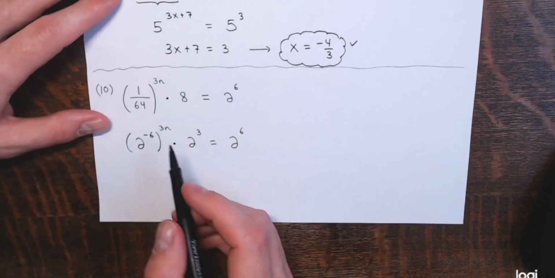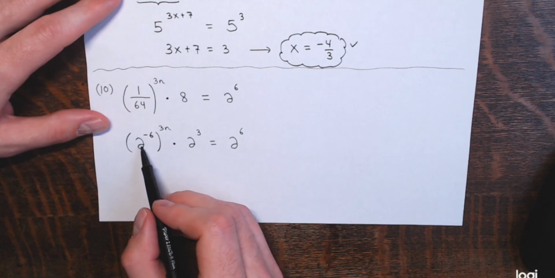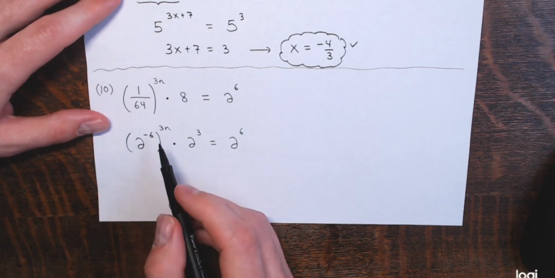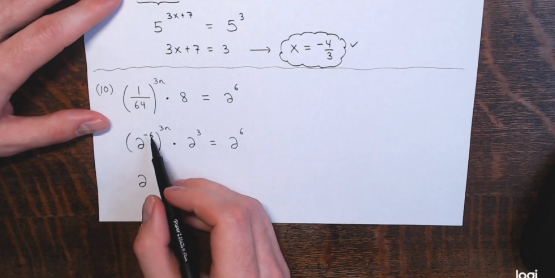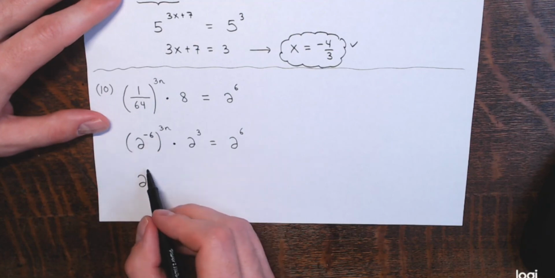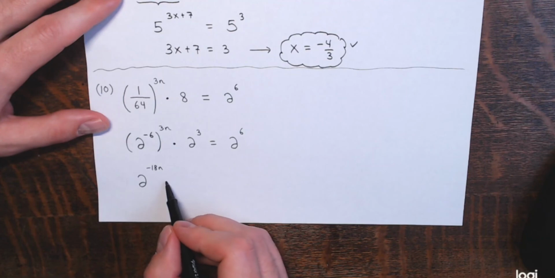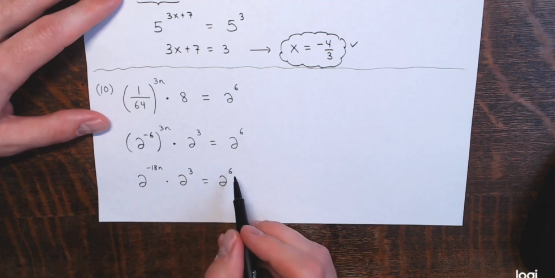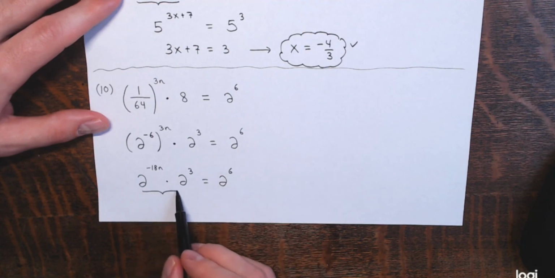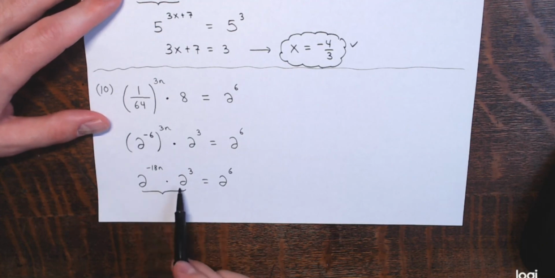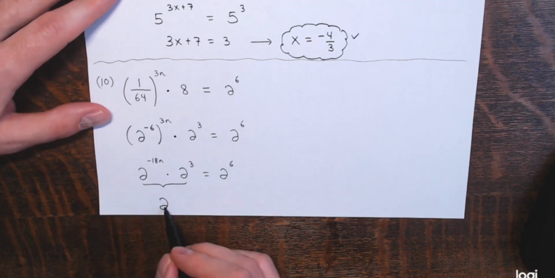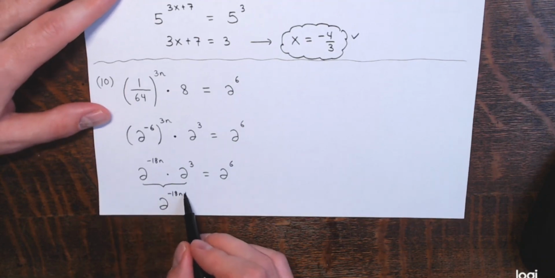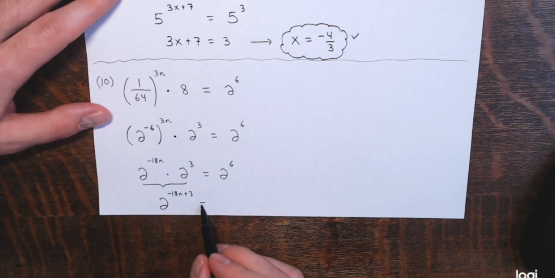Now, using properties of exponents, this power to a power rule, you multiply these. So this would be 2 to the negative 6 times 3n, would be negative 18n power, times 2 to the 3rd equals 2 to the 6th. And then once again, I have a line where I can use the product rule for exponents. You multiply things with the same base, then those powers get added. So this is 2 to the negative 18n plus 3 power equals 2 to the 6th.